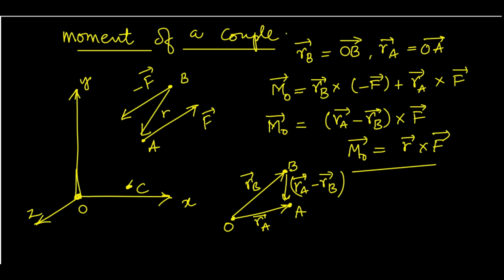But if you are taking the moment of the couple, meaning both the forces together, it doesn't matter which point you are taking the moment from. The moment of a couple is independent of that. It is only dependent on the distance between these two forces, the R between A and B. To be more precise, it is dependent only on the perpendicular distance between these two parallel lines of action of the forces.